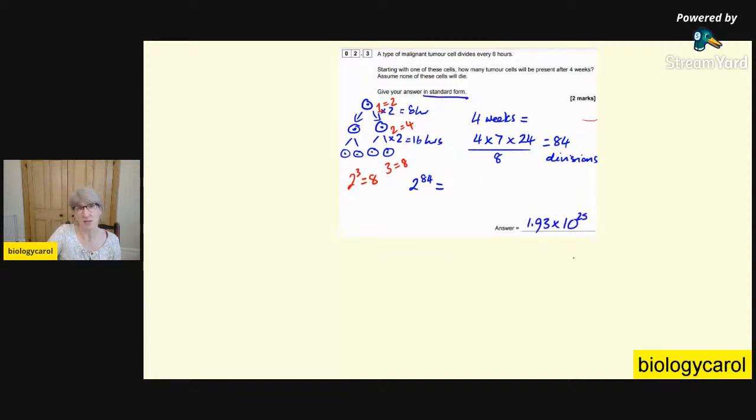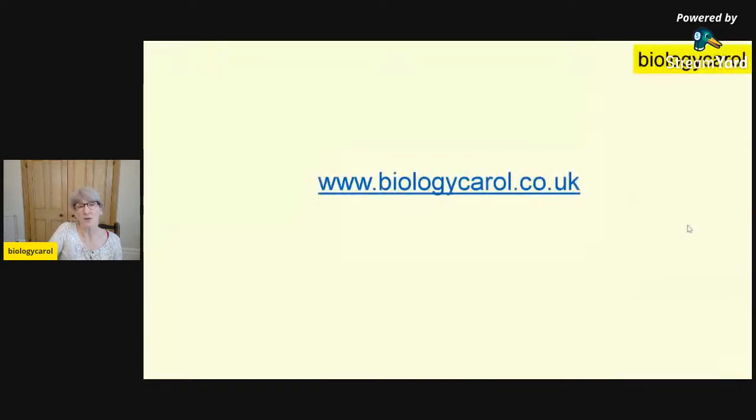And if you put it into your calculator, this is what you get. And you're told to write it in standard form. So 1.93 times 10 to the 25. Here's your mark point. Look, if you got the 84 cell divisions, that got you a mark. If you weren't sure what to do with it, at least you got 1 mark for that. But I got both the marks there.